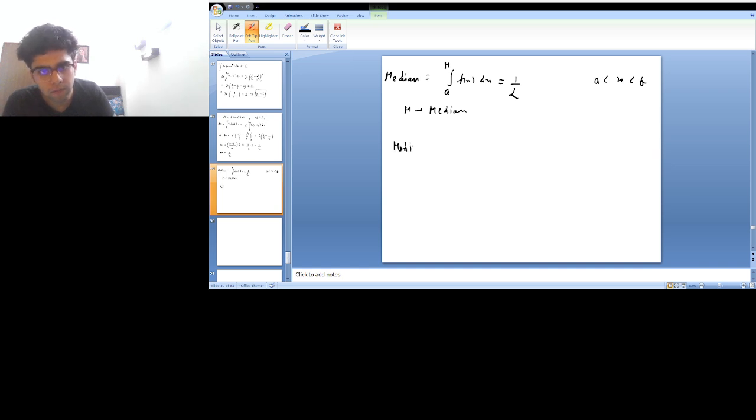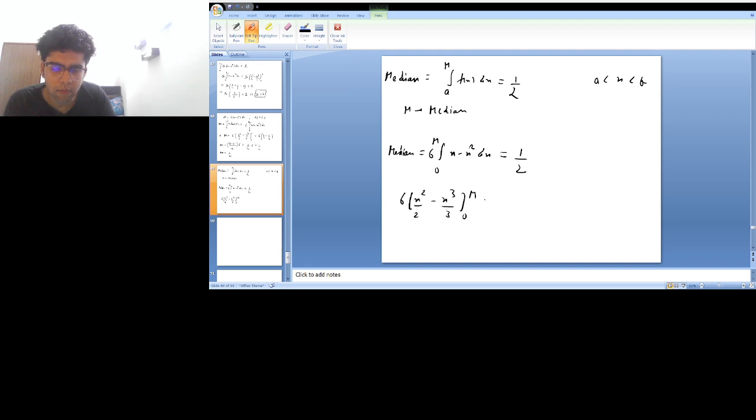So for median, integral 0 to m of f(x) dx, so 6 comes out because it's a constant term. X minus x square dx should be equal to half, so this becomes x square by 2 minus x cube by 3, 0 to m. This becomes m square by 2 minus m cube by 3, which gives me the value half.